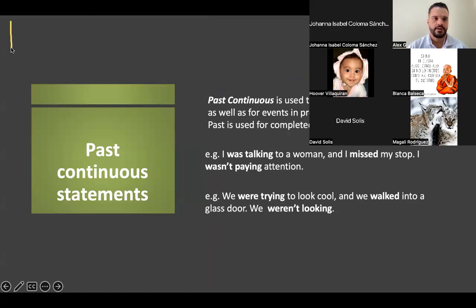So just give me one moment. Okay, so the past continuous statements are going to be the following. If we take a look at the introduction here, Magali, can you read this for me?